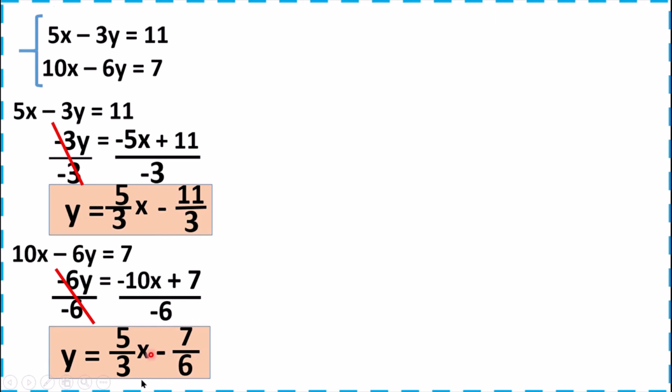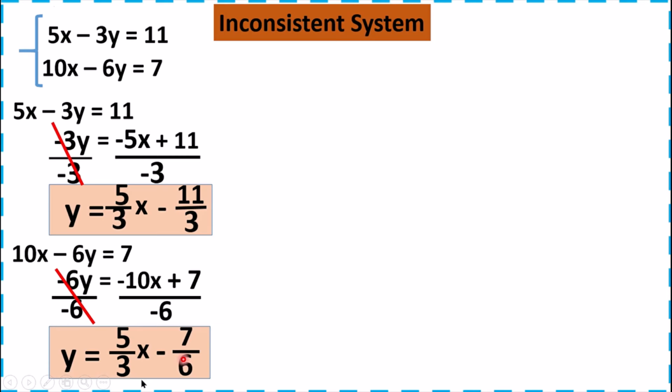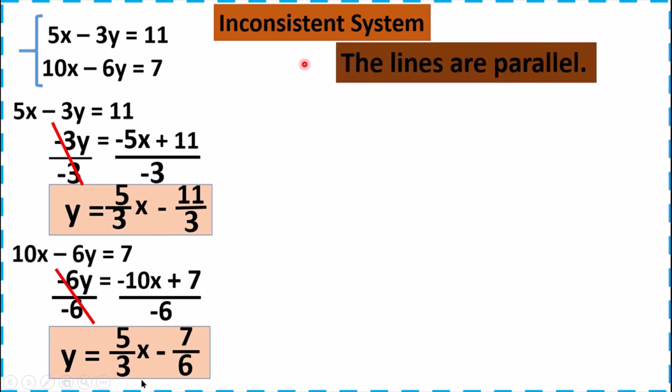Okay. So, therefore, yung slope natin ay 5 over 3. Then, yung ating y-intercept ay 7 over 6. So, observe the slope. Slopes are equal, pero yung y-intercept are not equal. Therefore, the system is inconsistent system. Not consistent yung system. Then, the lines are parallel.